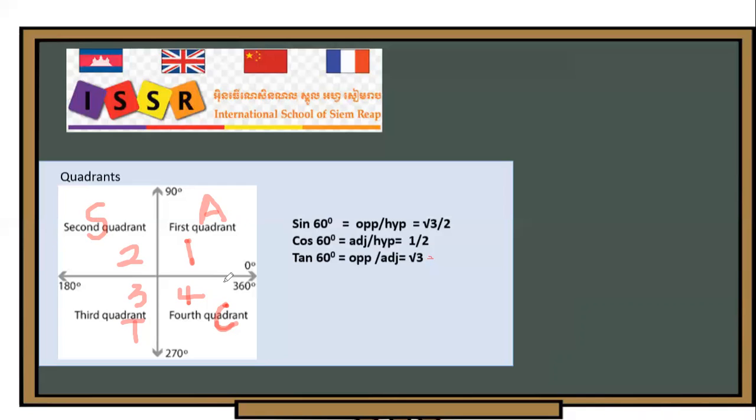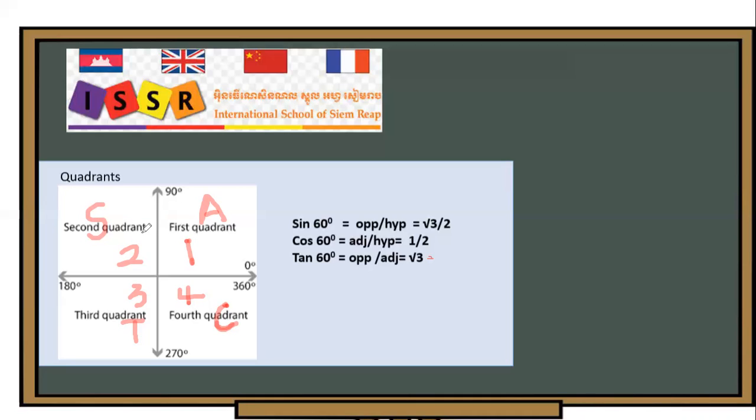Now, I want you to know that in the second quadrant, only sine is positive. The rest are negative, isn't it? So if I say sine 96 degrees, it's positive. But if I say cosine 96 degrees, you're going to find a negative number.